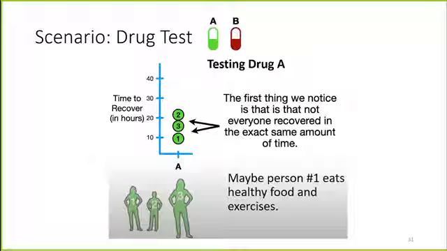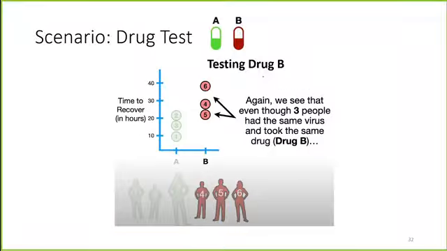So let's say person 1 says 10 hours, person 2 says 22 hours, person 3 says maybe 18 hours. So this is the amount of time that it takes to recover. Maybe person number 1 is very healthy, so it takes less time for her or him to recover from the headache. Okay. Now I want to compare with drug B. The same.